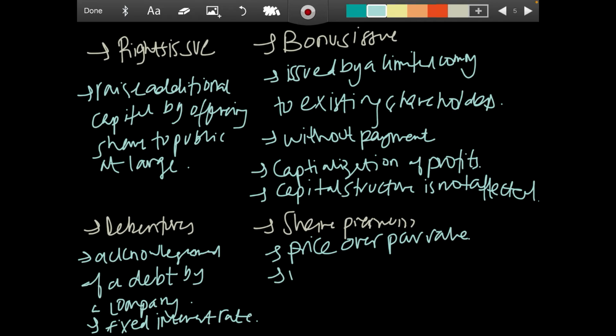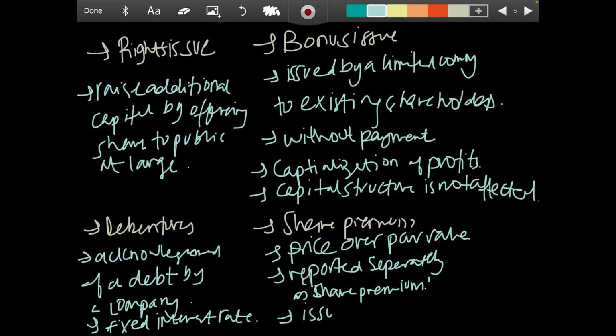And it is reported separately as share premium. Share premium might be used to issue bonus shares. Share premium is basically our profits, the profits that we earn from issuing a share at more than par value.